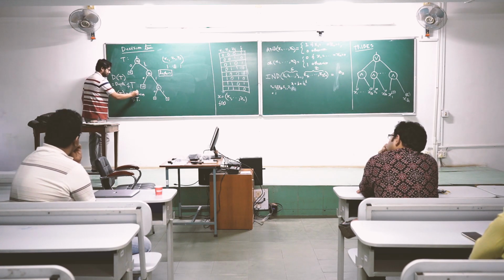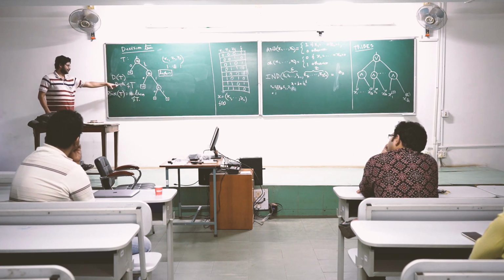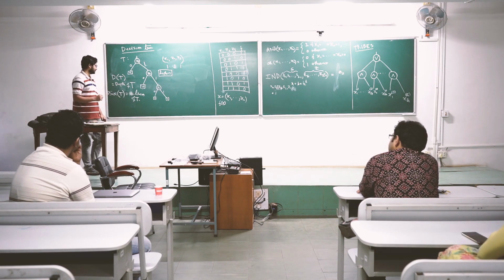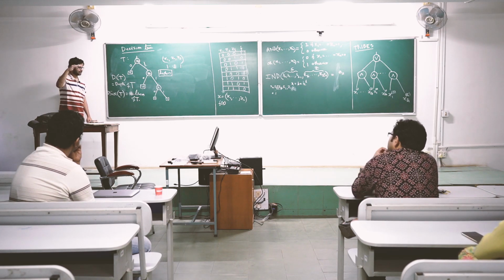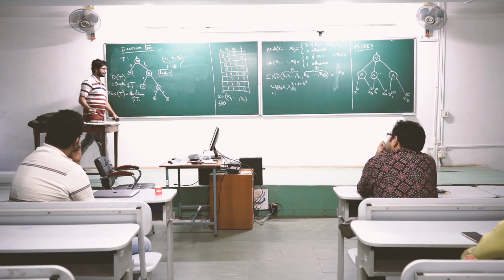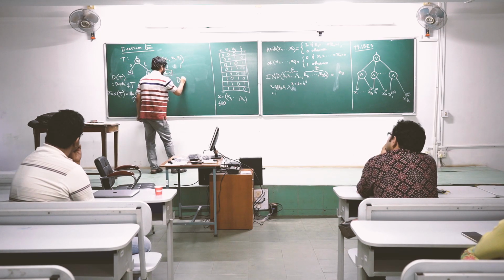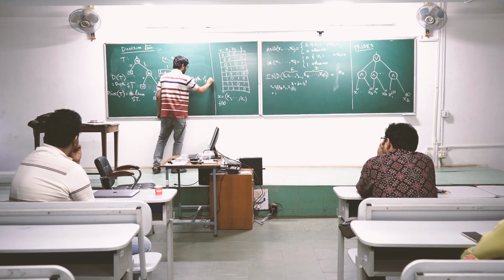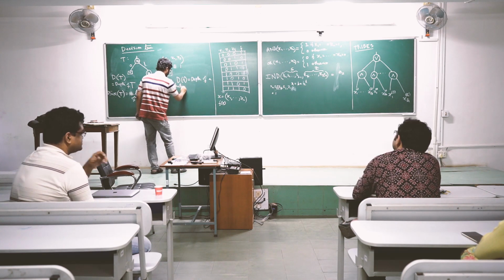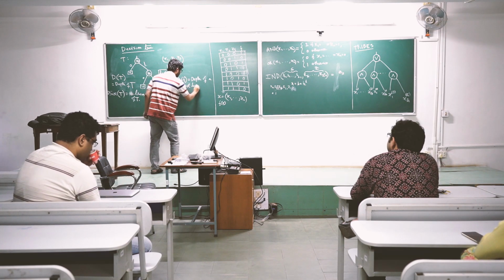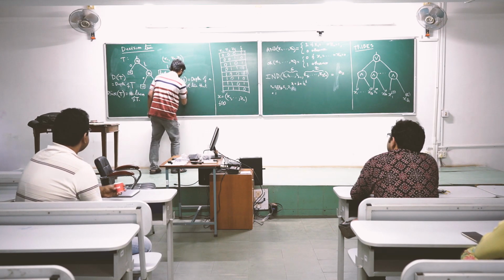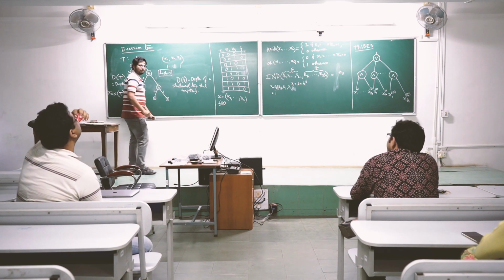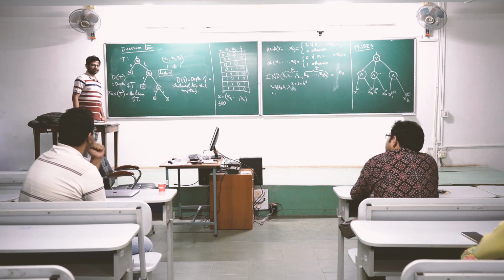Okay, so D of T is the depth of T, and for a function f, D of f is the depth of the shallowest tree that computes f. It doesn't have to be unique here.